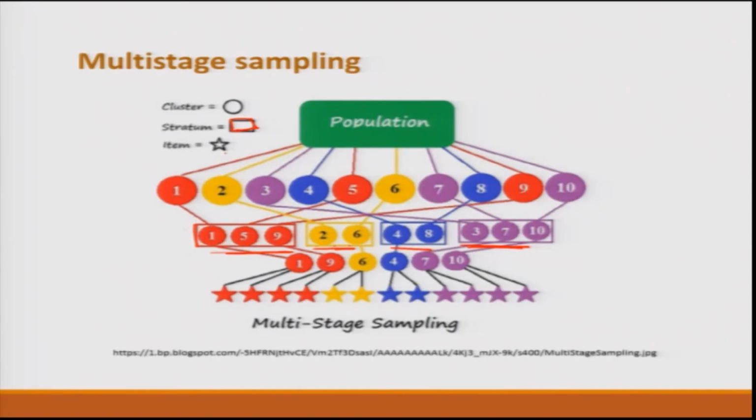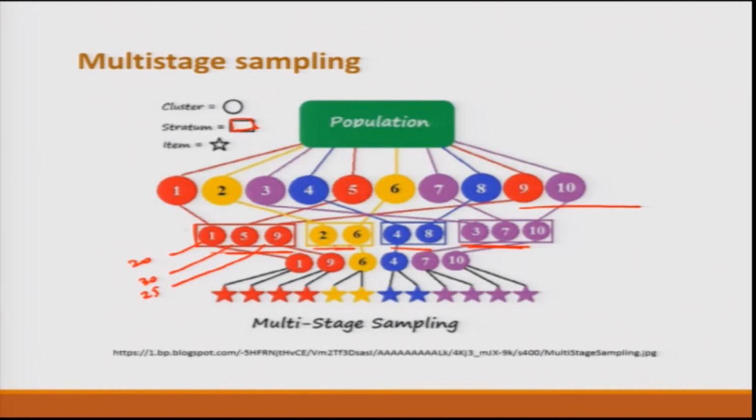So, what we do in the first stage, the clusters are taken here: 1, 5, 9. Cluster 1 is a complete cluster. Say number 1 has 20 items, number 5 might have 30 items and number 9 might have 25 items and so on.